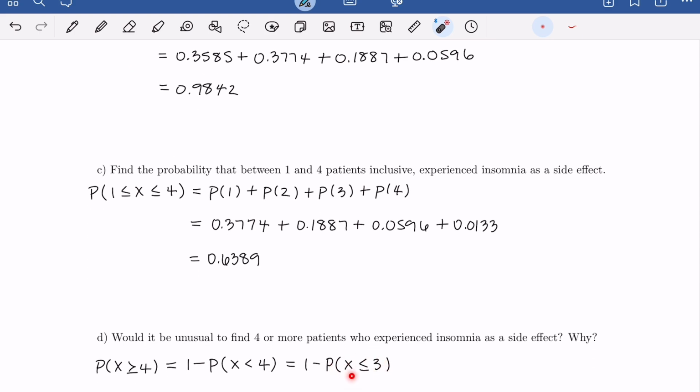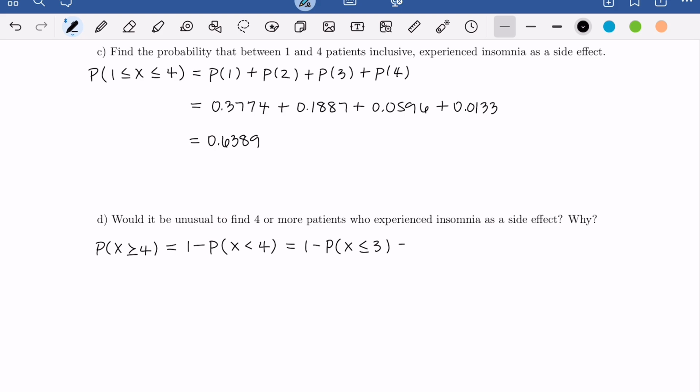So this is just going to end up being 1 minus the 0.9842. All right, subtracting these guys, we're going to get 0.0158. So there's a probability of 0.0158 that 4 or more in a sample of 20 patients would experience this insomnia as a side effect.